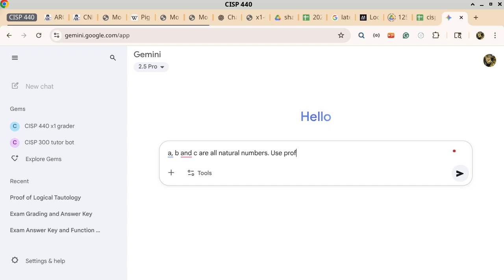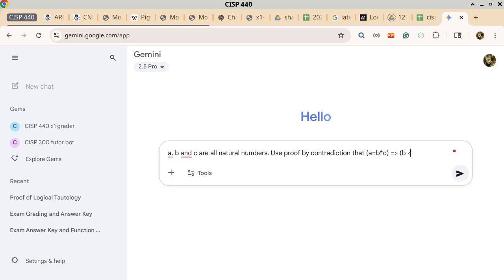Use proof by contradiction that, okay? You just have to say, A equals B times C implies, and then we can use your square root, okay? So we imply that one of them has to be less than or equal to the square root.